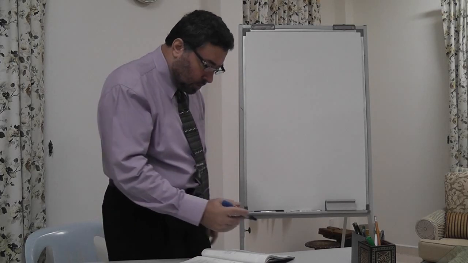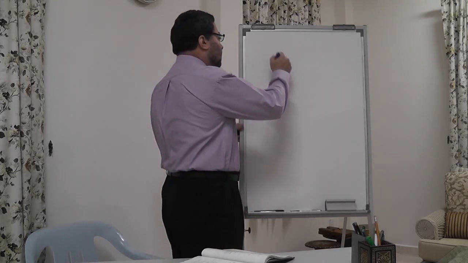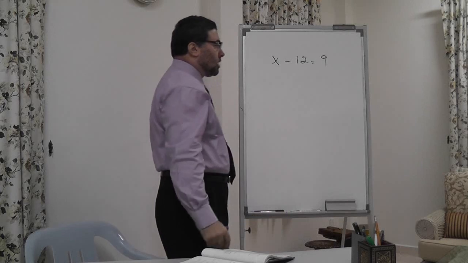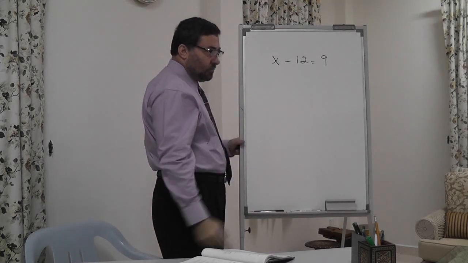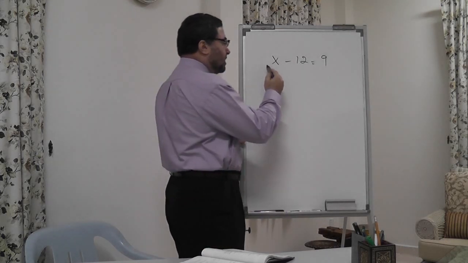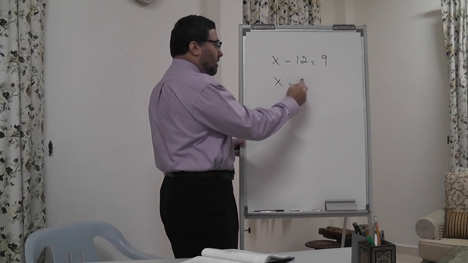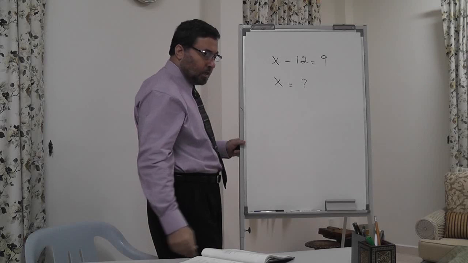Let's take an example. x minus 12 is equal to 9. Now I want to get rid of this 12, and my technique to solve this equation is to isolate x. I want x on one side and equal to whatever number on the other side.